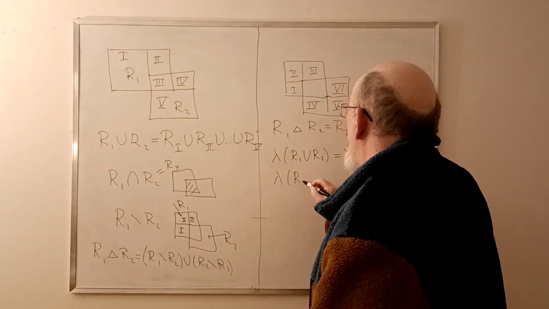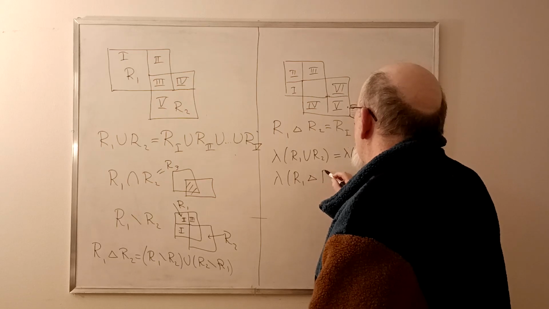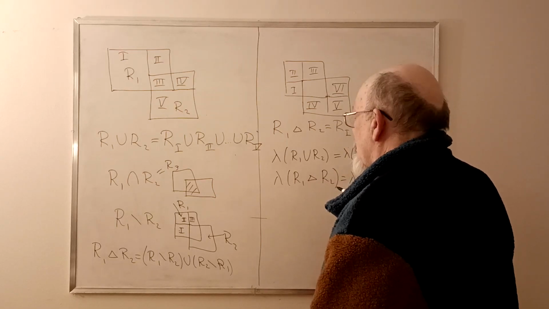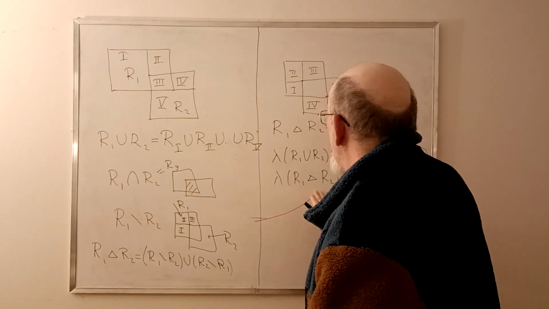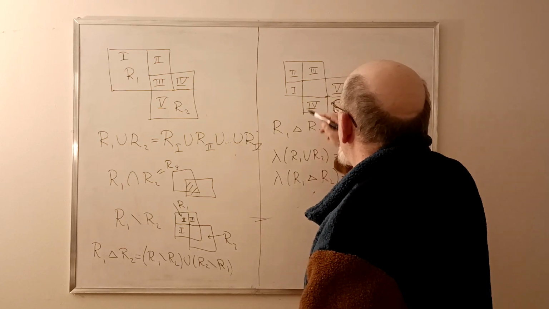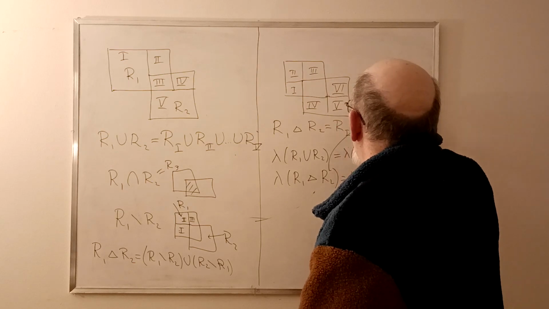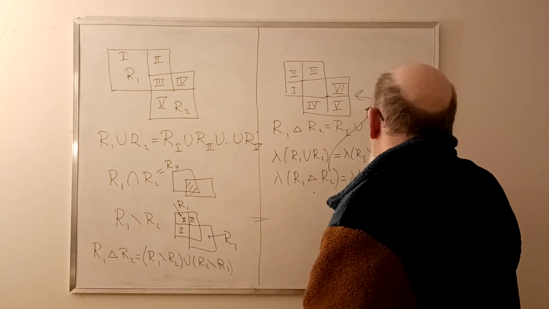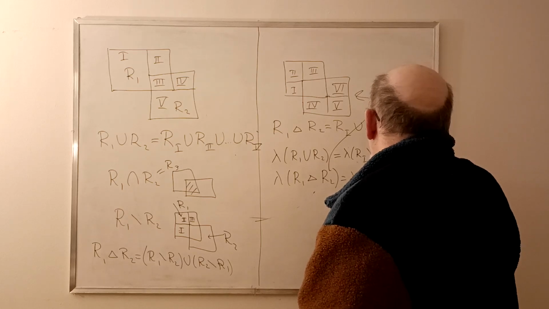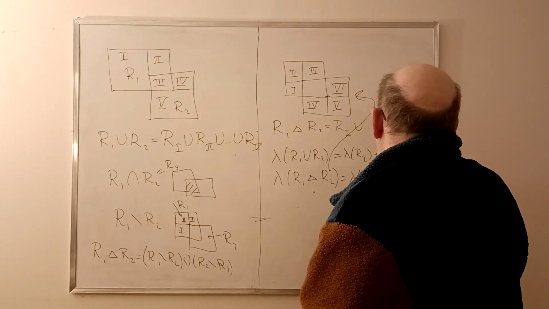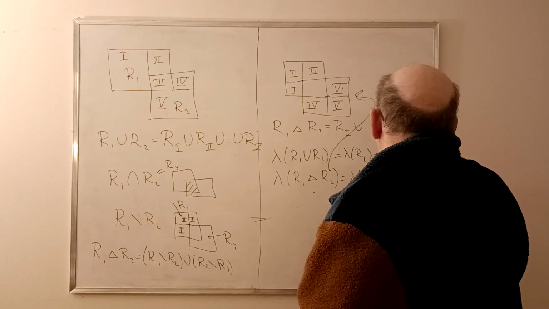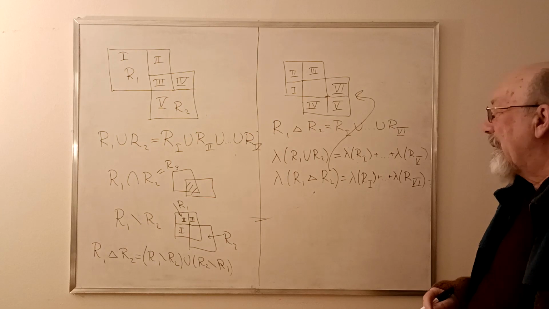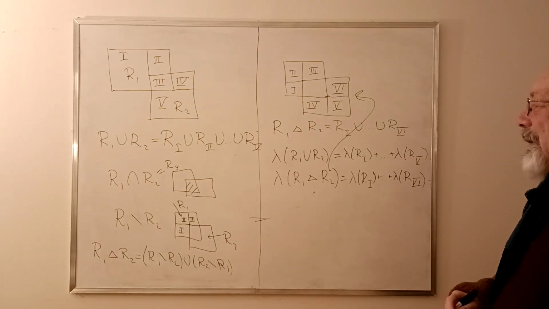Lambda of R1 symmetric difference with R2 equals, in this picture, lambda of R Roman 1 plus and so on, plus lambda of R Roman 6. So we can define it quite easily.